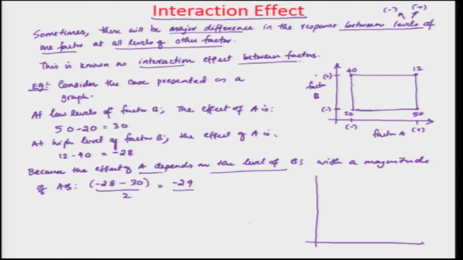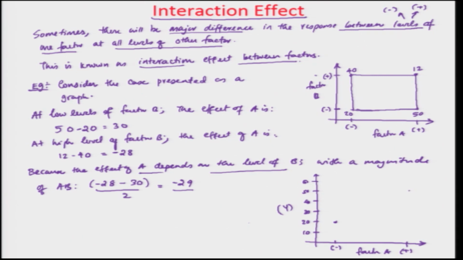If we represent this, this is factor A, it has a low value here and a high value here. We represent these levels here, and then we have, let us say, 10, 20, 30, 40, 50, 60 on this side. This is the Y, or the response. For the low levels of B, this is at 20, and at the high level of A, it will be at 50.